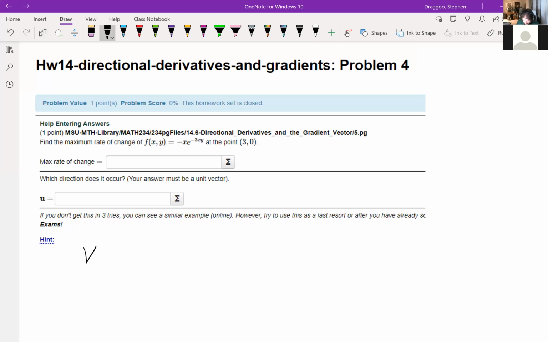So for starters, I need the gradient of f, which needs first the x partial, then the y partial, and this one's got a bit of a fun derivative, doesn't it?